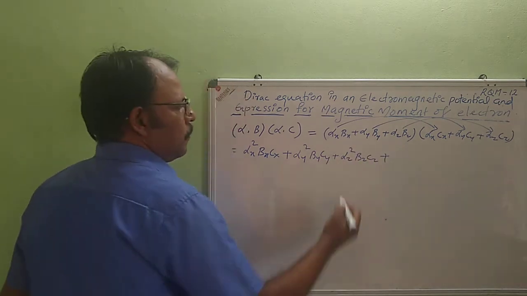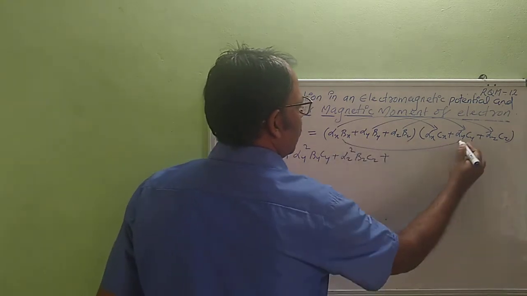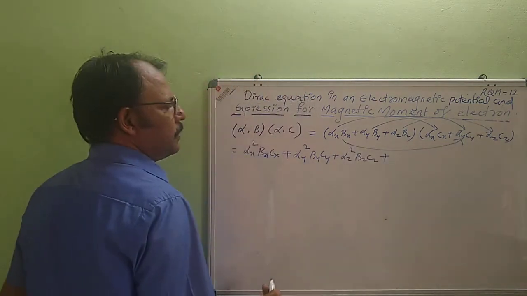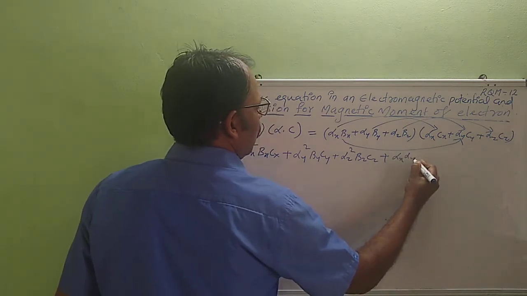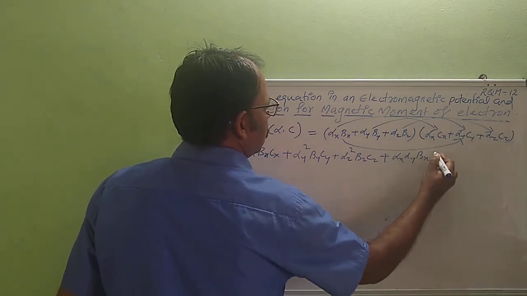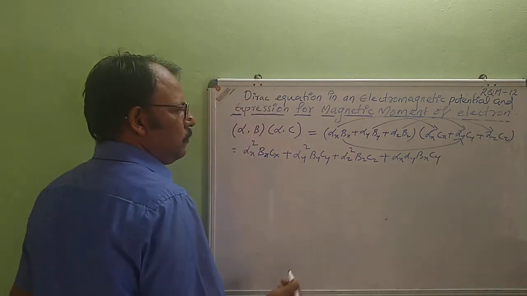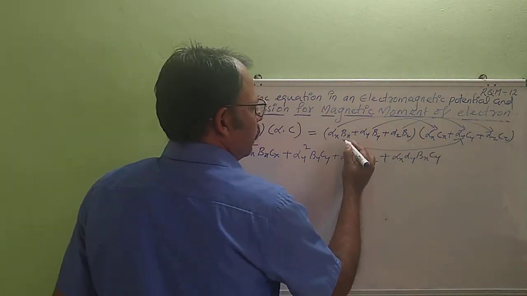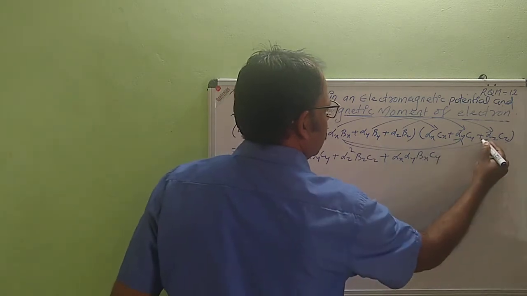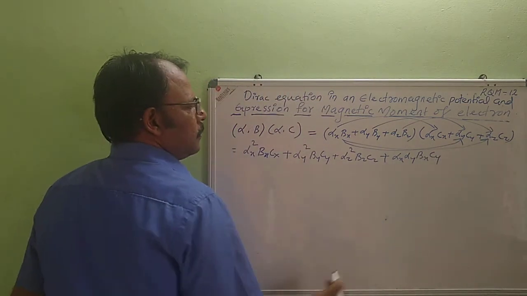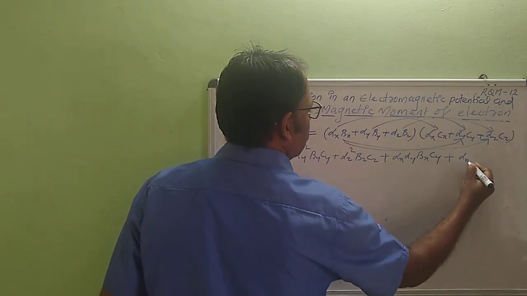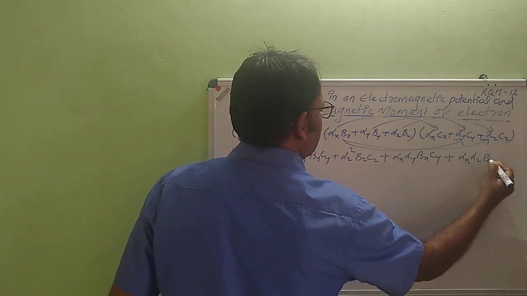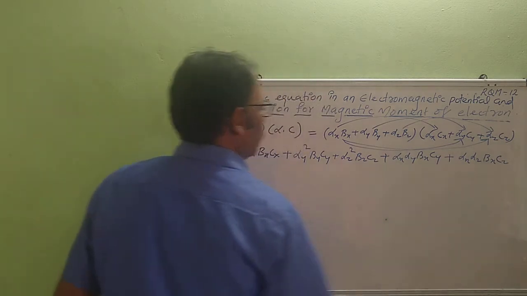Then the product of alpha x Bx with alpha y Cy will be alpha x alpha y Bx Cy. Then with alpha z Cz, alpha x alpha z Bx Cz.